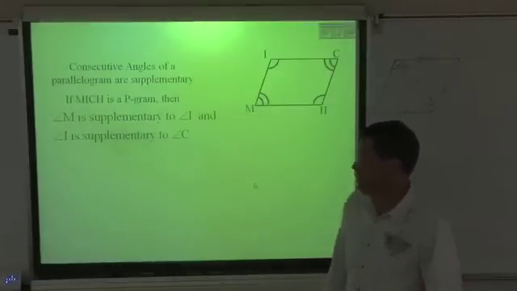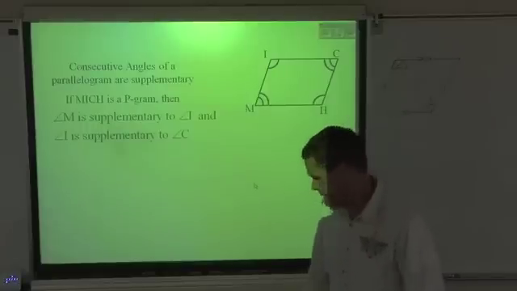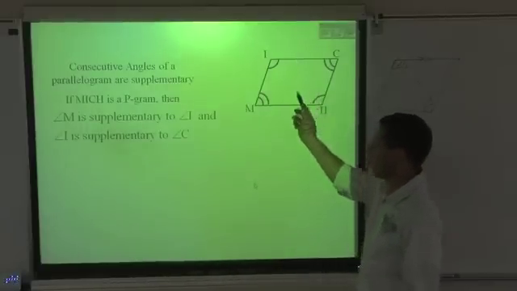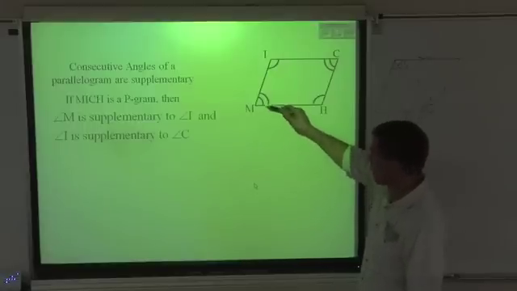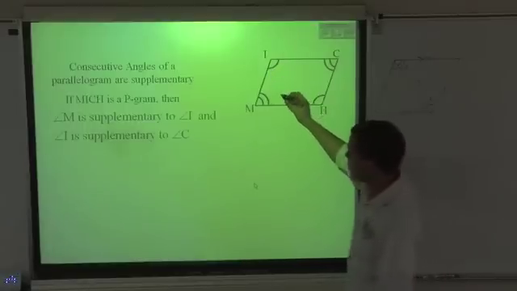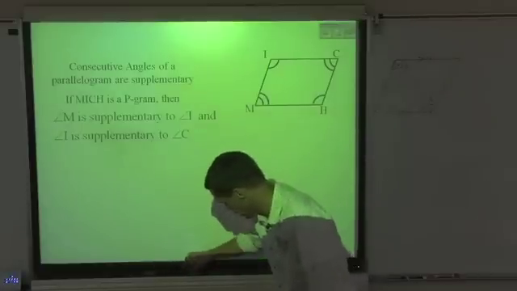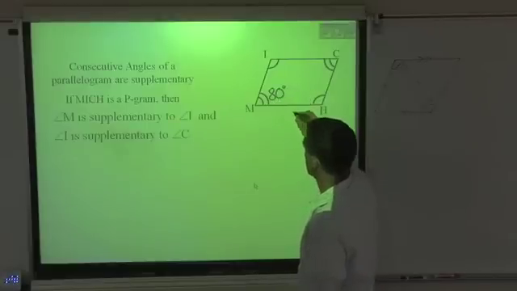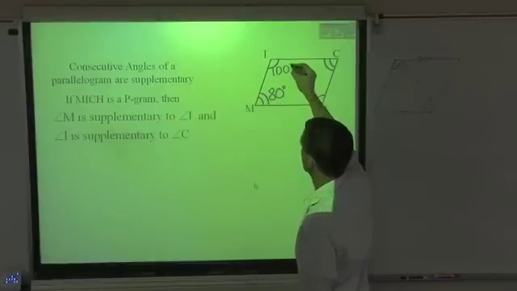Consecutive angles of a parallelogram are supplementary. Now, this comes from the fact that the top line and the bottom line are parallel, and we still have the congruent marks here, but what we're saying now is that if this is 80 degrees, then this one has to be 100.